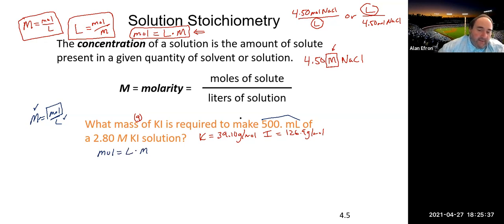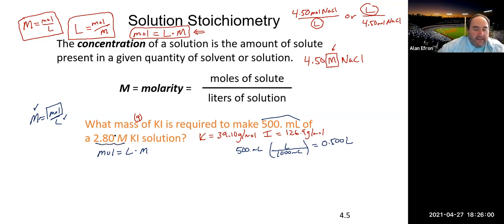So we do need to do a conversion of our volume. There is 500 milliliters. There's 1,000 milliliters in a liter, and that would get us 0.5 liters. We now have our volume in liters. We have our molarity.